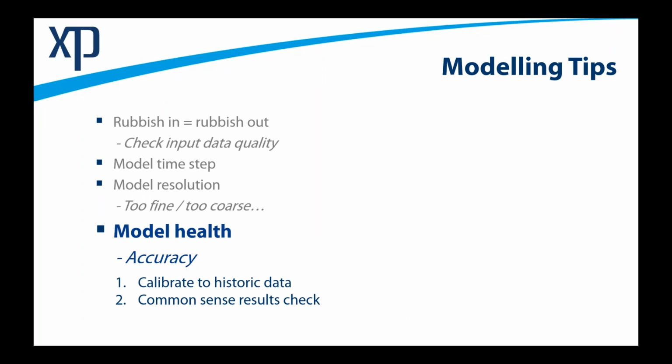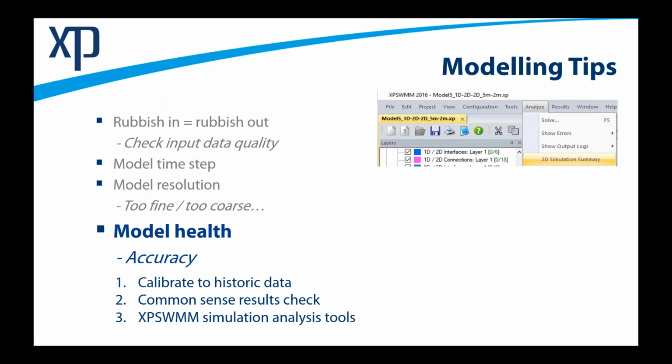And finally, something that's very good in the XP interface is the simulation analysis tool. If you go to the top of the interface, you'll see the analysis button, and then there's also the 2D simulation summary. Here there's a variety of graphs that you can use to verify that your model is healthy. Here we've selected the cumulative mass error.